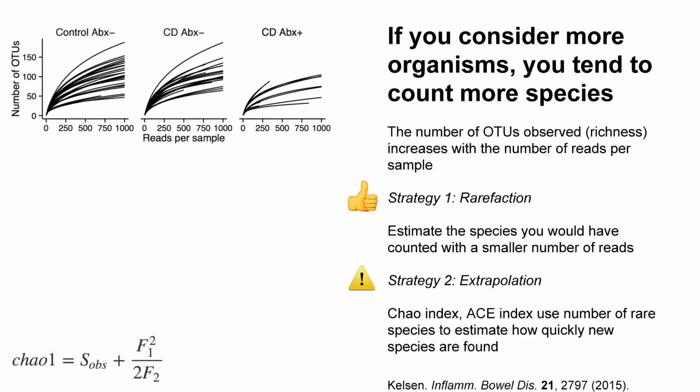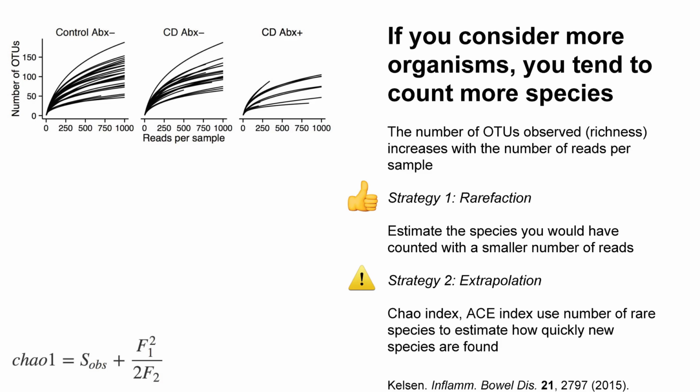Okay, so richness means the total number of species observed. We can't say species when we're talking about bacteria, so I'll say OTUs. For the purposes of this talk, I assume that we've made great sequence clusters. We've solved that problem.